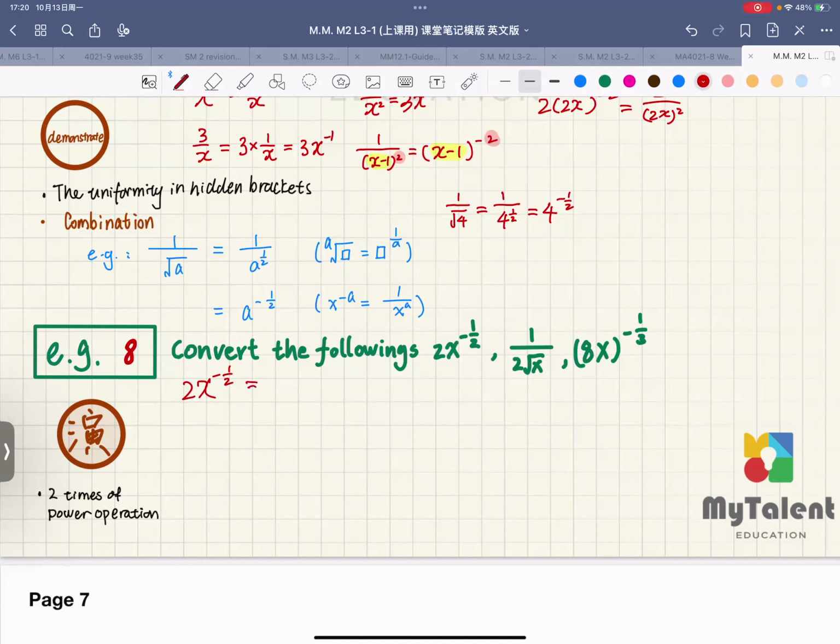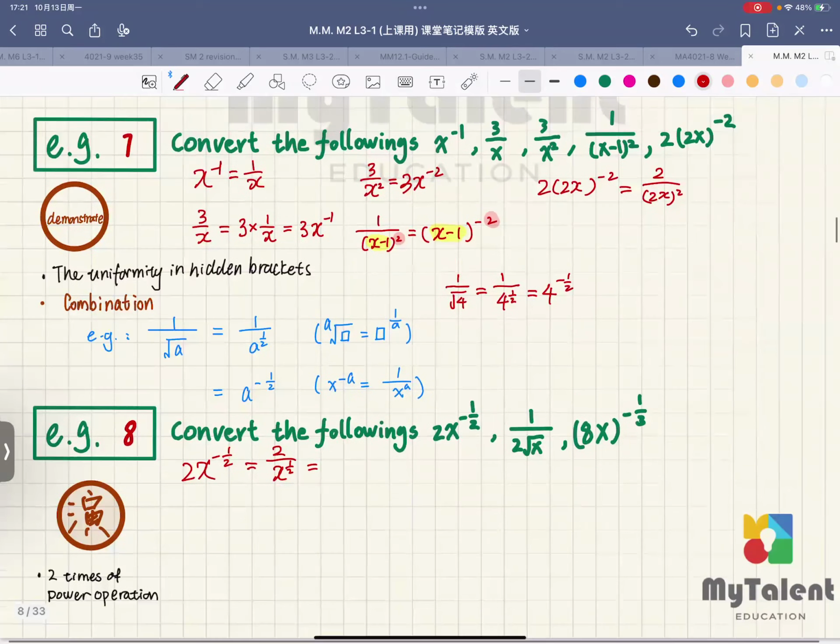Good, very good. One more step. I need a square root. That's a good move. Keep going. Can you remember the formula?